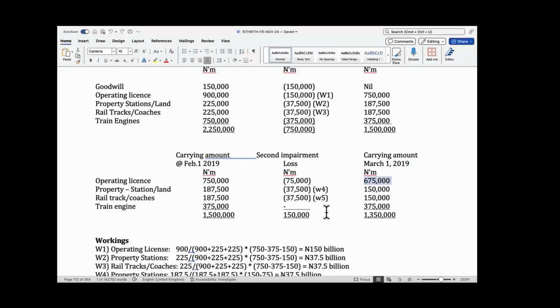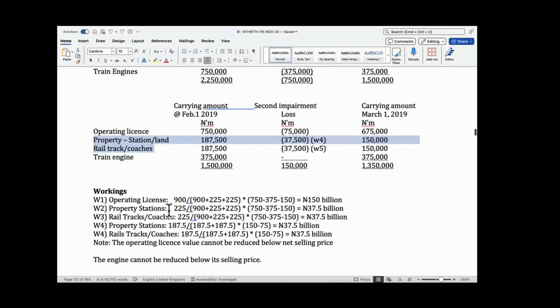So out of 150, we have now allocated 75, remaining 75. Now, this will now be shared between these two guys on a pro rata basis. The same way, for the property stations, it will be 187.5 over the addition of the two, multiplied by the remaining impairment loss, that's 37.5.